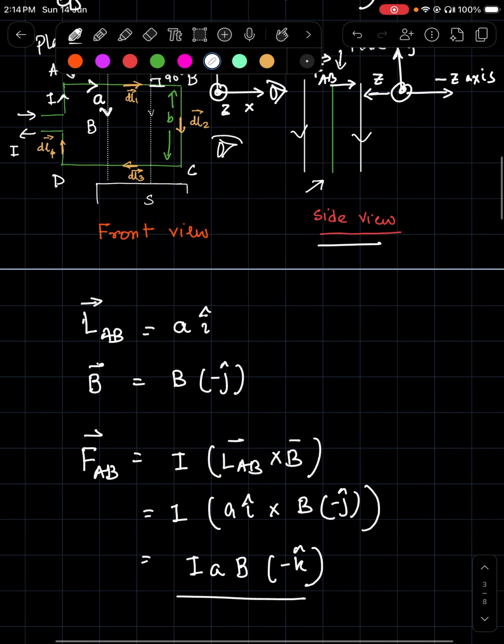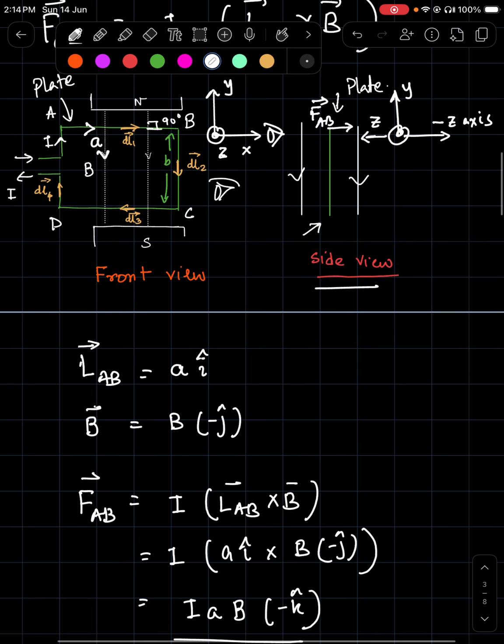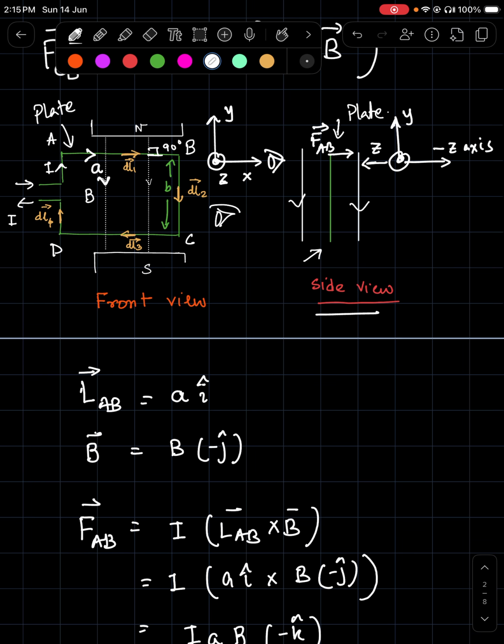We do not need to calculate FCD because we can anticipate the value. The direction of the line element along CD is just opposite to the line element of AB. So the force must be opposite to that on AB, right?